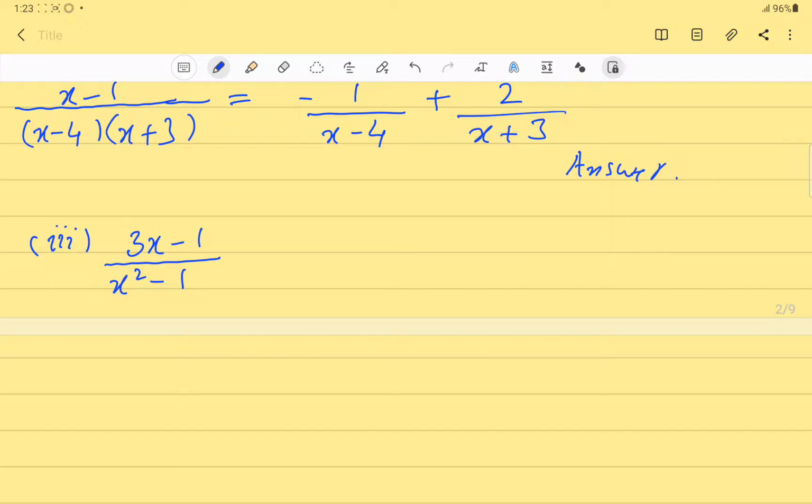So we simply have to go with the partial fraction, but we can see that in the denominator we can factorize the given expression, which is x squared minus 1, and there we can use the formula a square minus b square is equal to a plus b into a minus b. So we are going to factorize it. How we will do it?